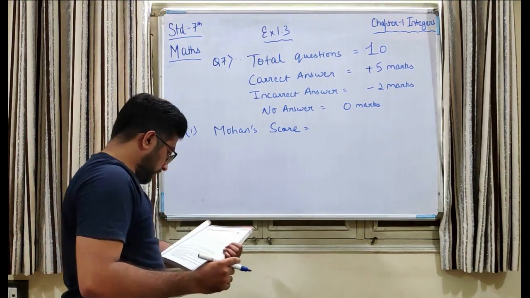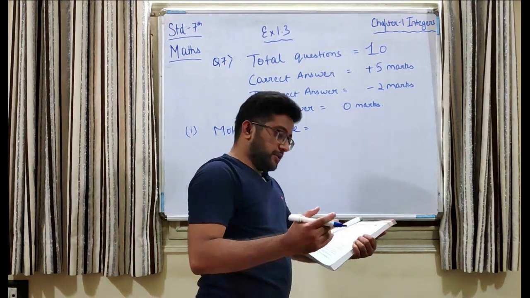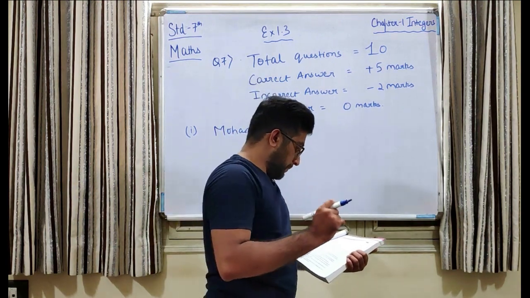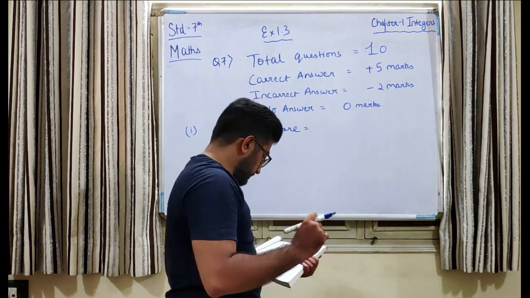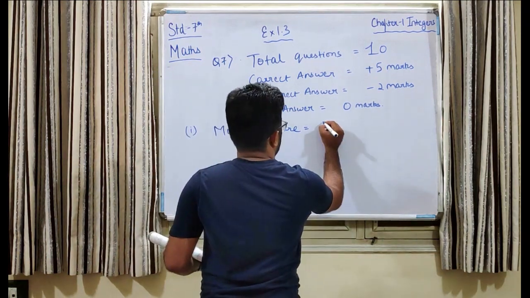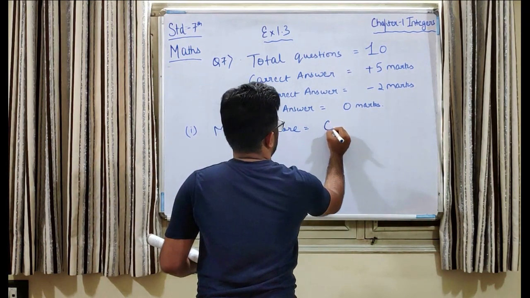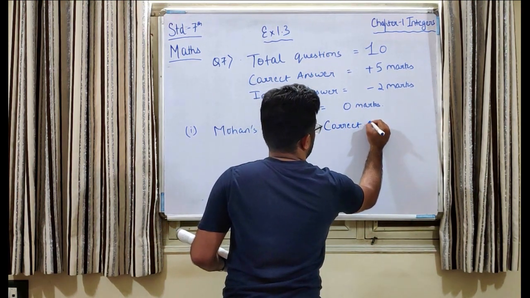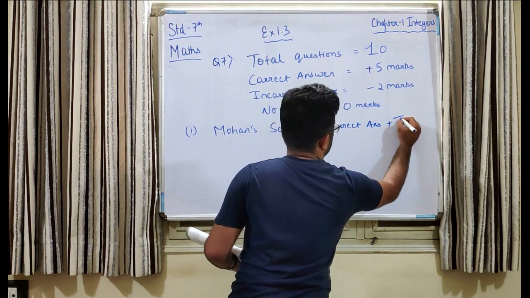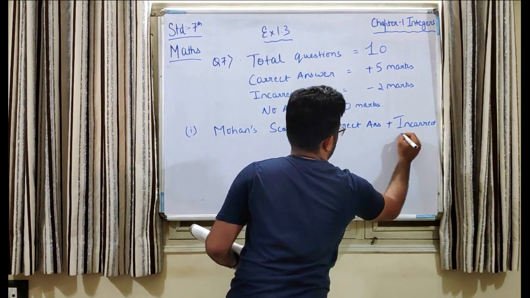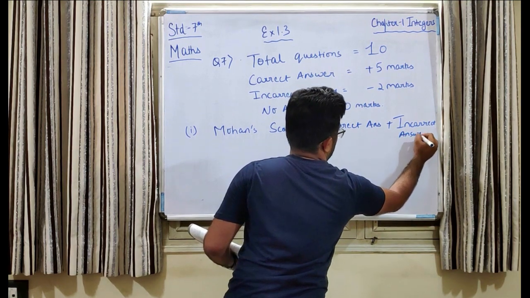Mohan's score is based on 4 correct and 6 incorrect answers. So Mohan's score is equal to the summation of correct answers plus incorrect answers.